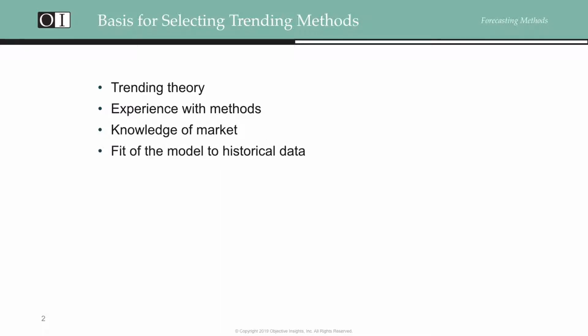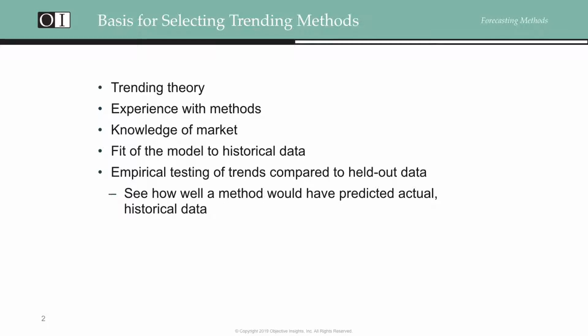Fourth, you can actually look at the fit of the model to the historical data. Generally, the better the model fits the historical data, the better the model's working, but not always. The real gold standard is what's listed last on this slide, which is empirical testing of trends compared to held out data.